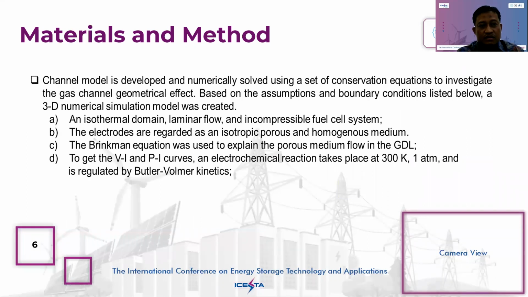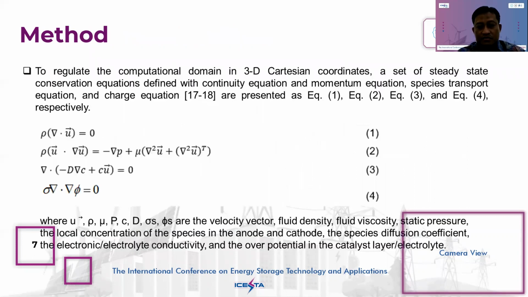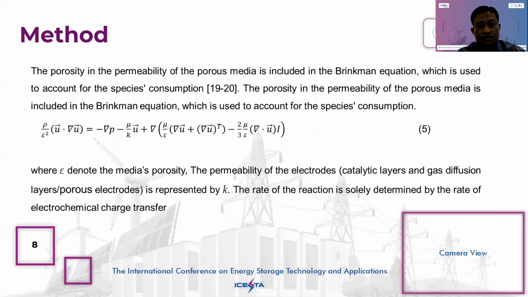In the material and method, we use an isothermal domain. Electrodes are regarded as an isotropic, porous, and homogeneous medium. We use the Nernst equation, and also to get the VI curve and electroreaction for the fuel cell. We use some equations to get the characteristics of the fuel cell.